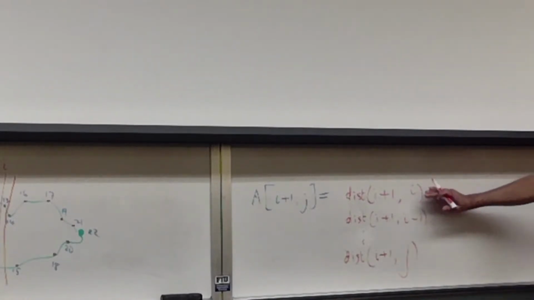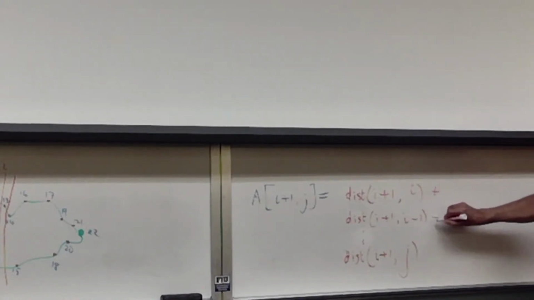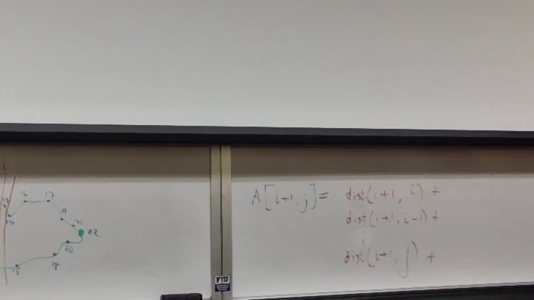So it could be all the way up to 2, because 1 is separate, 1 is special. Now, we don't know which of these is going to be right, but then to this, we have to add something. What do I have to add? That's the question, right? Because that's just the length of one edge.